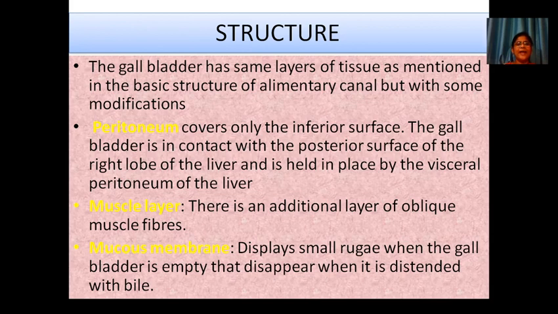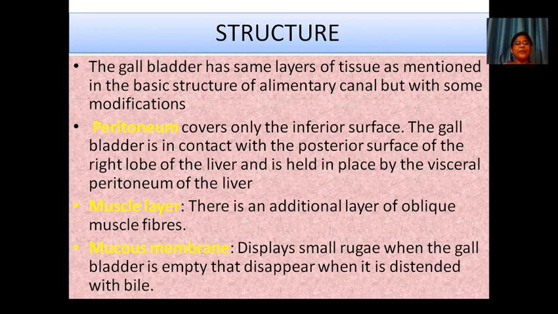Let us see the structure of the gallbladder. The gallbladder has the same layers of tissue as mentioned in the basic structure of the alimentary canal, but with some modifications we can see in this structure of the gallbladder. That is, the layers are peritoneum, muscle layer and mucous membrane only.